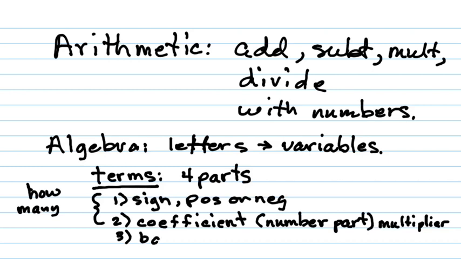The next part of every term is something called its base. And the base is simply the variable, or variables. You can have more than one letter in an algebraic term. Okay? So it's called the base. So the x, the a, y, b, whatever. And it doesn't matter what letter you use.